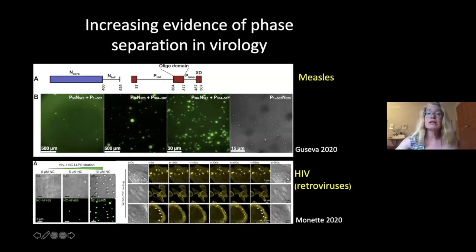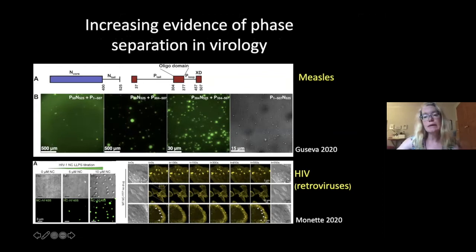However, there's also increasing evidence of phase separation being relevant for replication in virology. I'm showing two of the most recent examples from the literature in 2020: the N-protein from measles undergoing liquid-liquid phase separation, that is, it's able to demix from the surrounding milieu and form compartments with liquid-like properties.